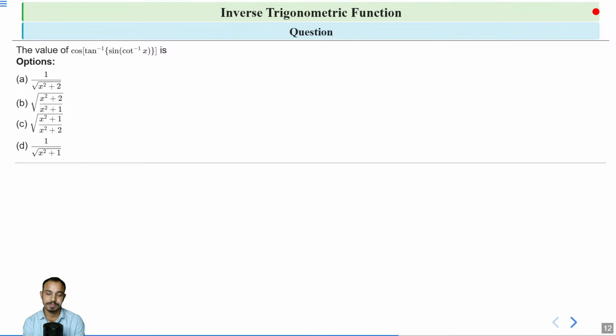So try it, everyone try it and write your option, which option is correct here. Give your answer.